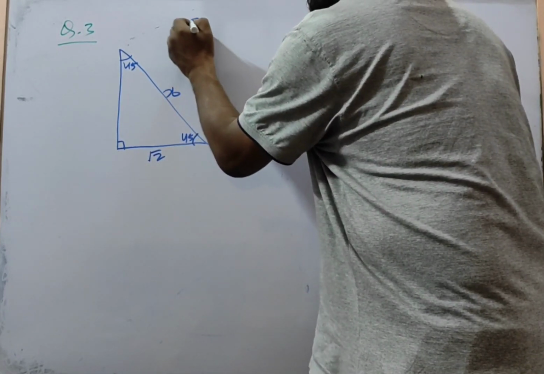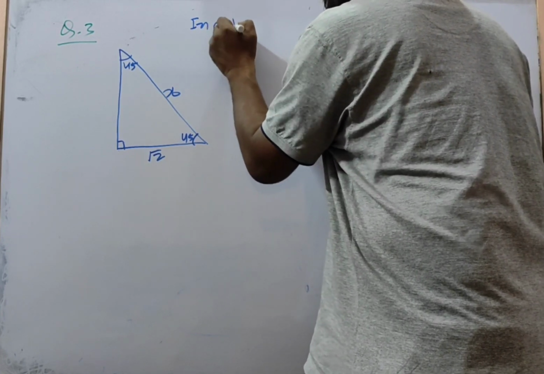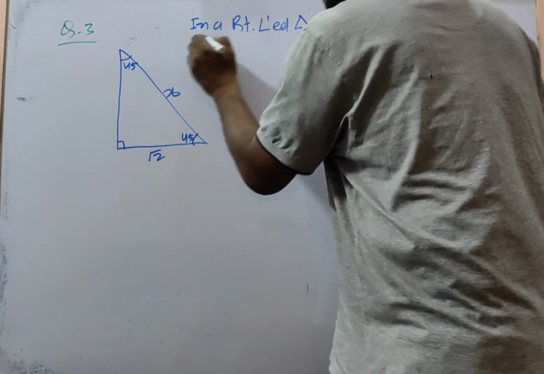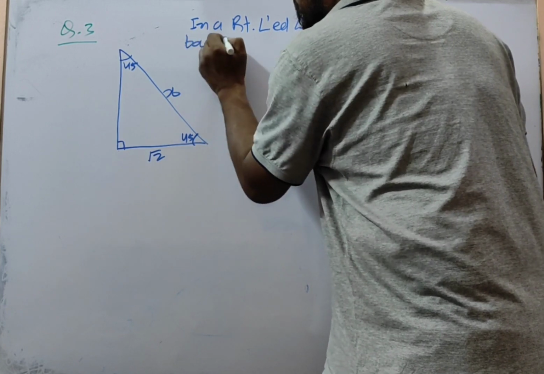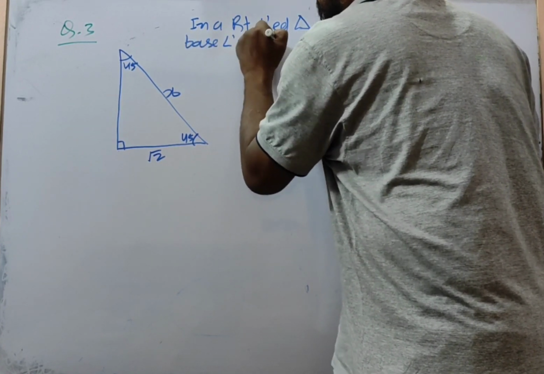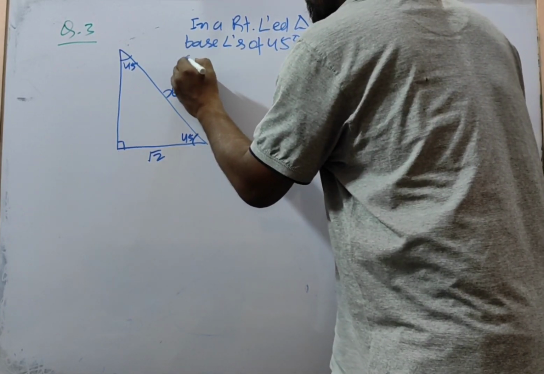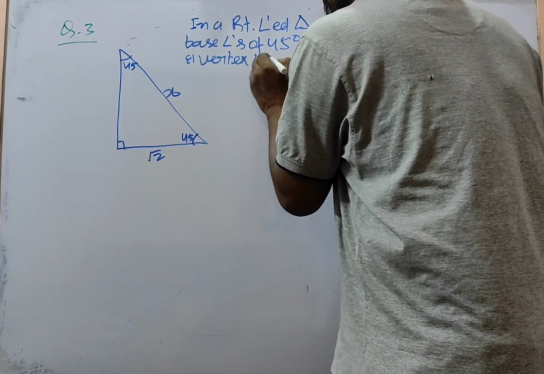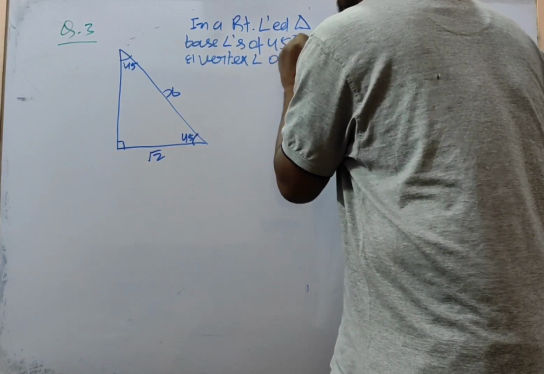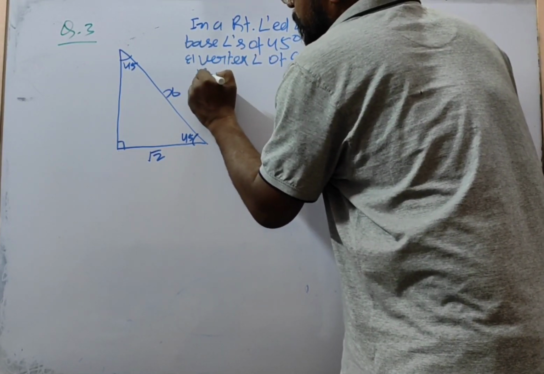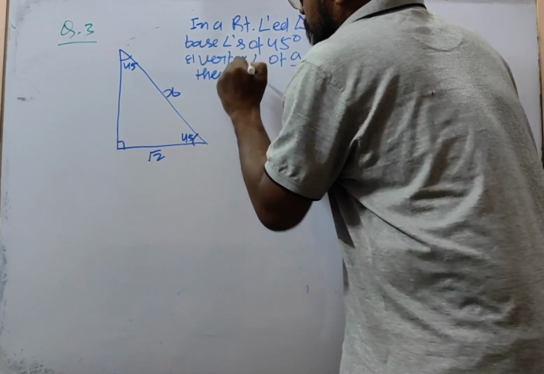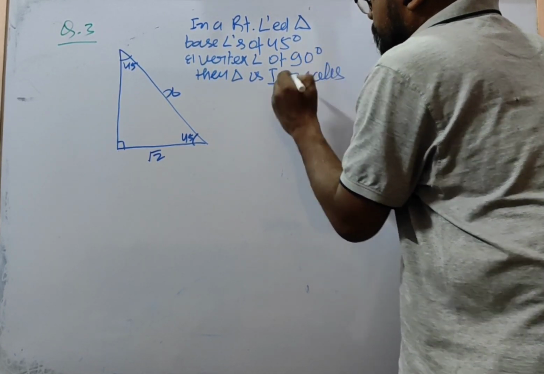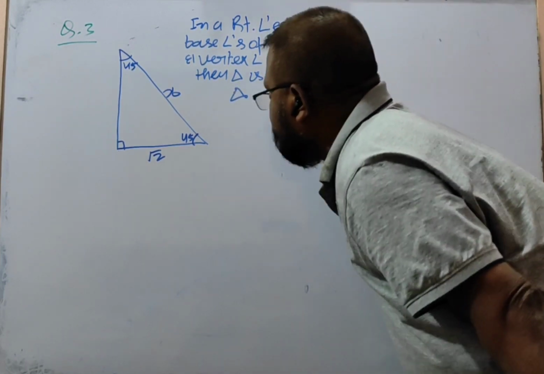So in a right angled triangle, base angles of 45 degree and vertex angle of 90 degree, then the triangle is an isosceles triangle, right?